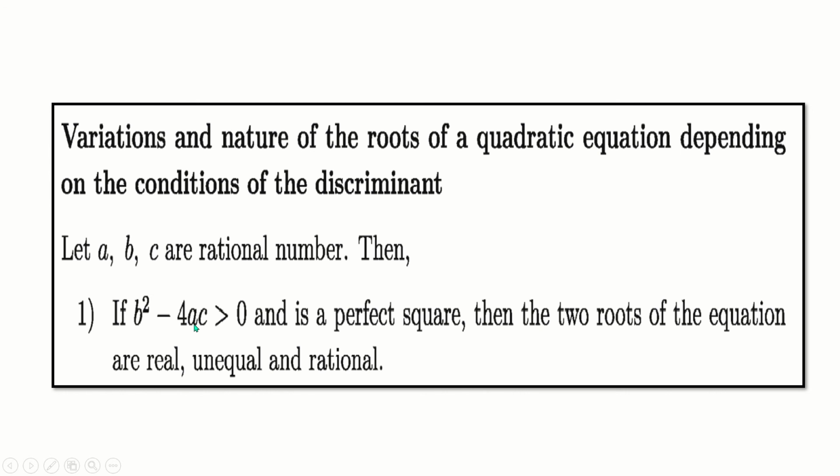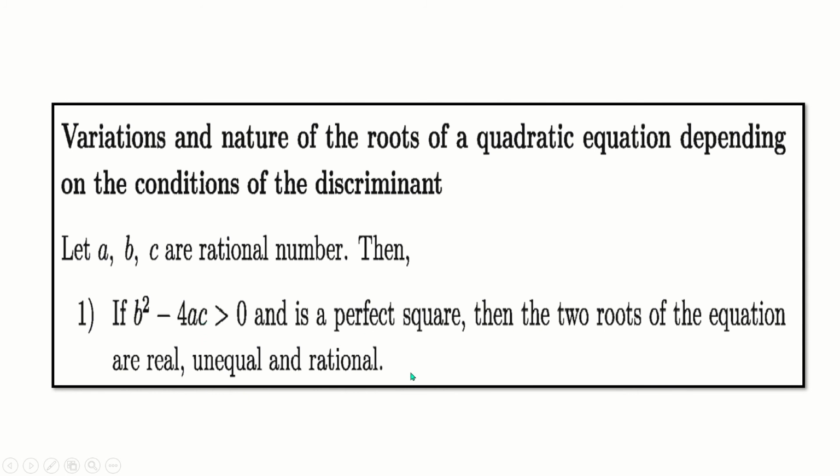If b square minus 4ac is greater than 0, meaning like 1 or 2 or 3 or 4 etc., and is a perfect square, meaning either 1 or 4 or 9 or 16 like this, then the two roots of the equation are real, unequal and rational. Okay? You have to remember this, and I will solve related to this condition.